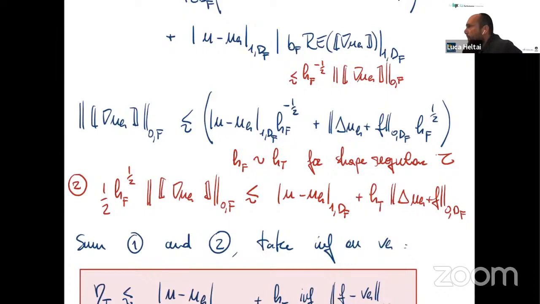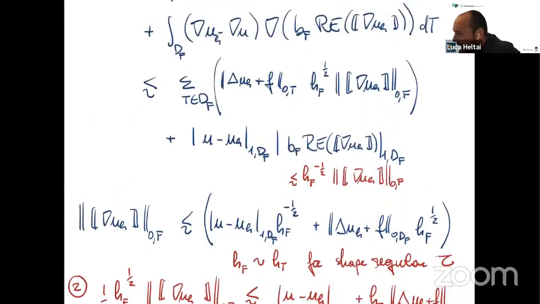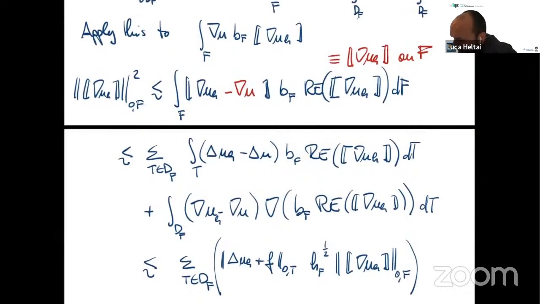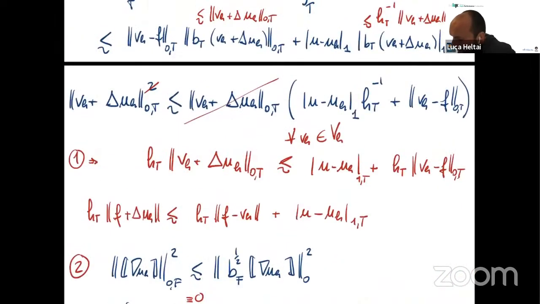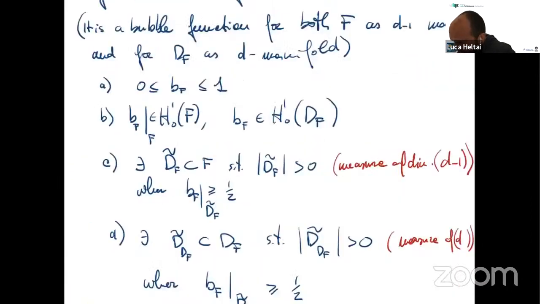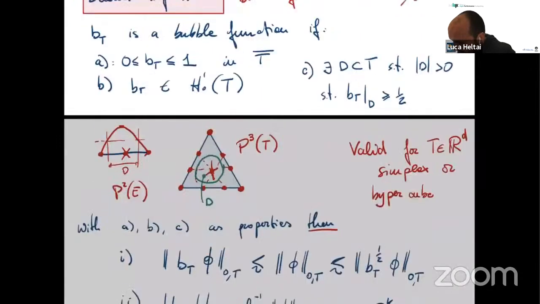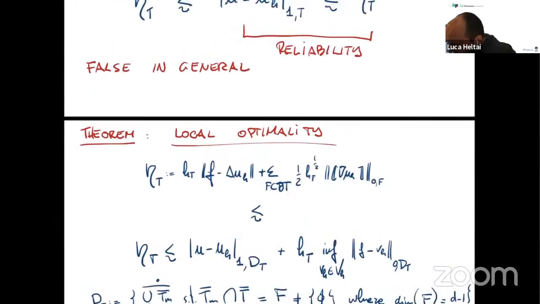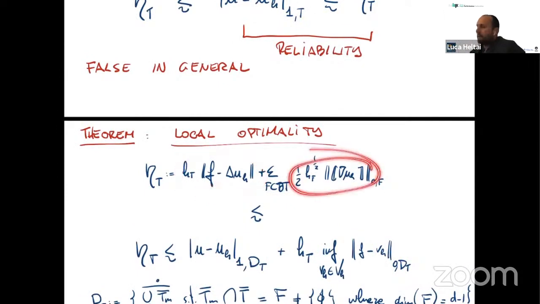And this only depends on f. So you only have something which depends on the data that you have, not on the exact solution. So your estimator only depends on things that you can compute, which is, I lost the definition of the estimator here. It's f minus the Laplacian of u_h. This is the integral that you need to be able to compute correctly, and the jump of the gradients that you have over there.